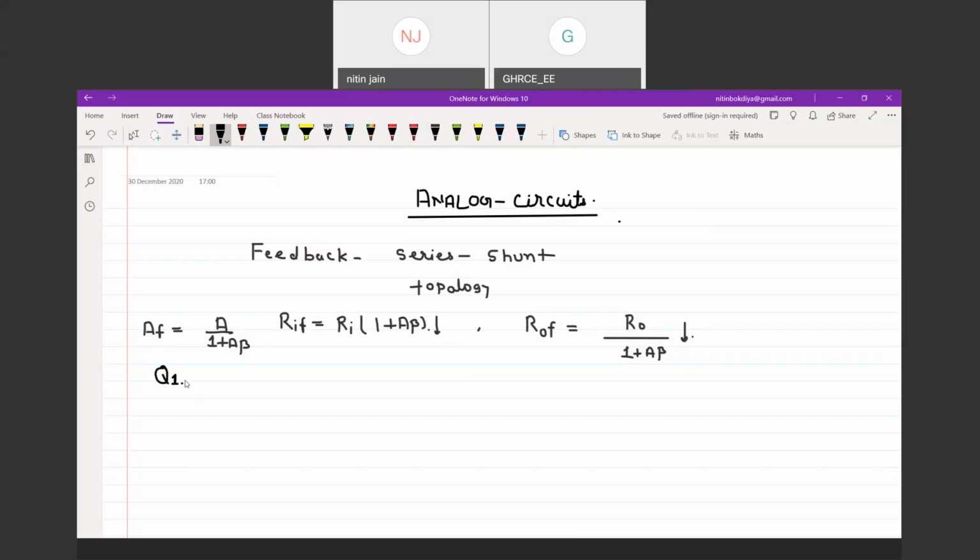So I am writing one question from feedback amplifier so that we can see how a feedback amplifier is working. This question is from GATE 2013. What this question says, let's say we are having this.